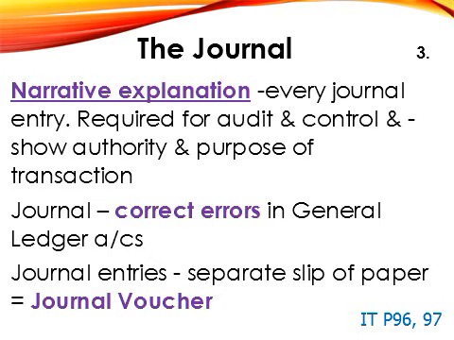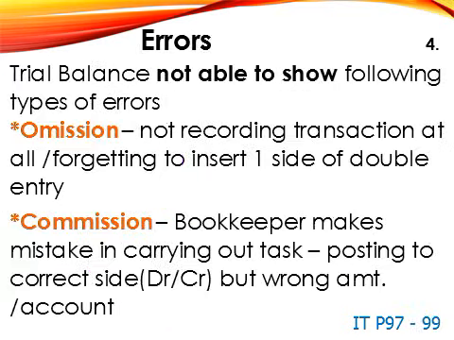A narrative explanation must be with every journal entry. It is required for audit and control, and to show the purpose and authority of every transaction. Journal entries might not be made in a book or journal, but on separate slips of paper, which are called journal vouchers.